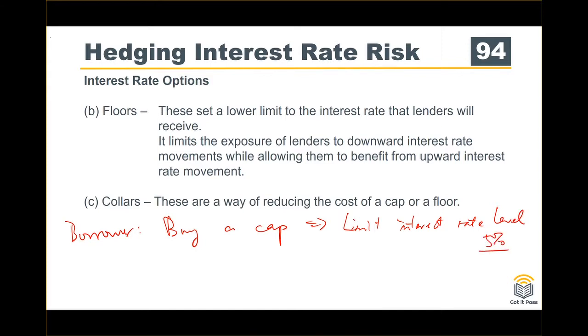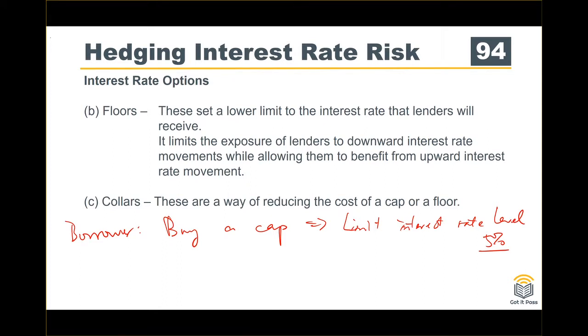You buy a cap, and you have to pay for it. For caps and floors, you have to pay for it, and then you have the right to receive the money from your counterparty given the condition is triggered.